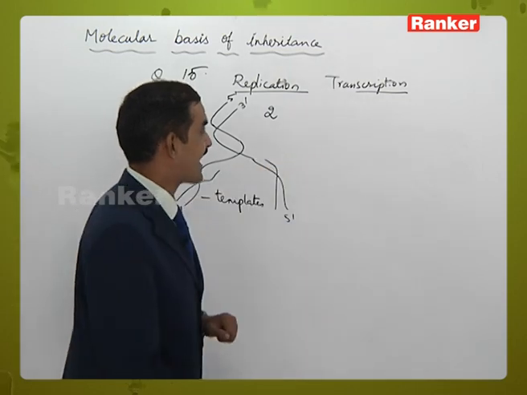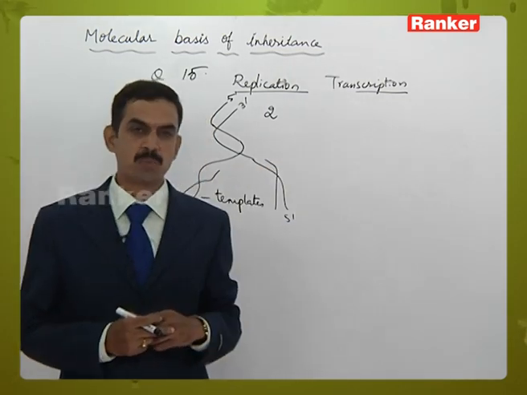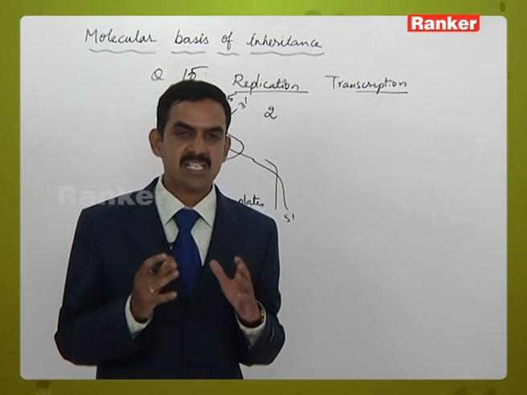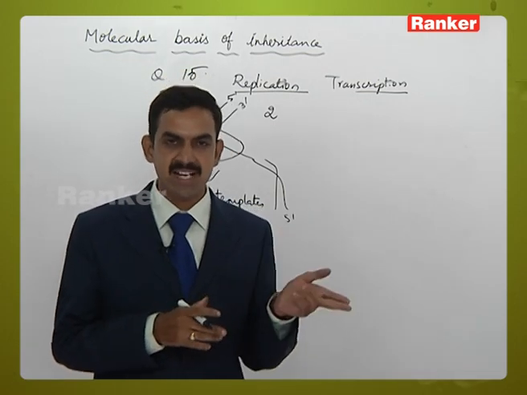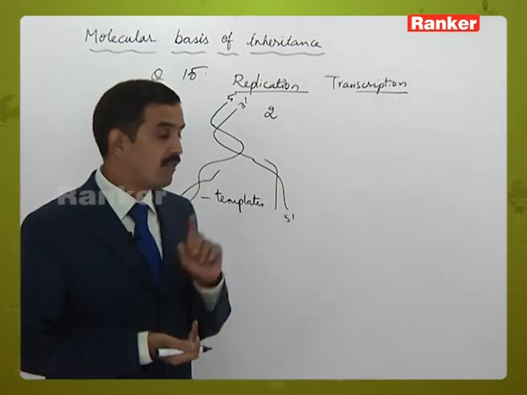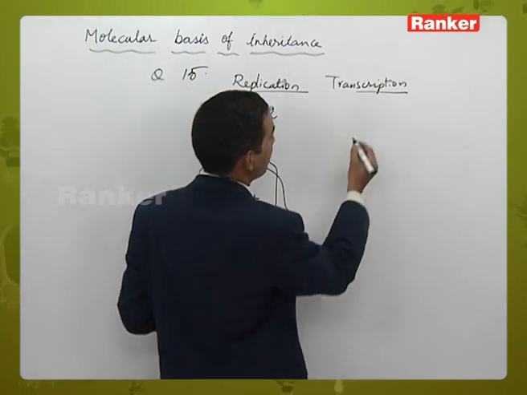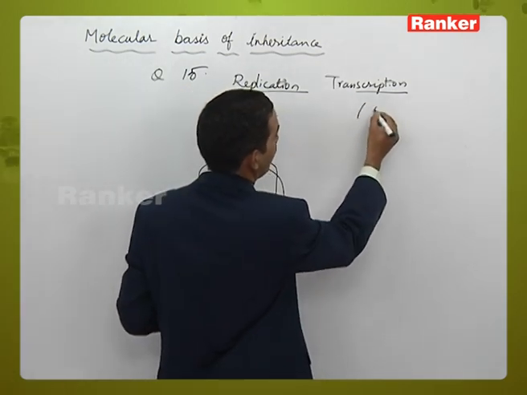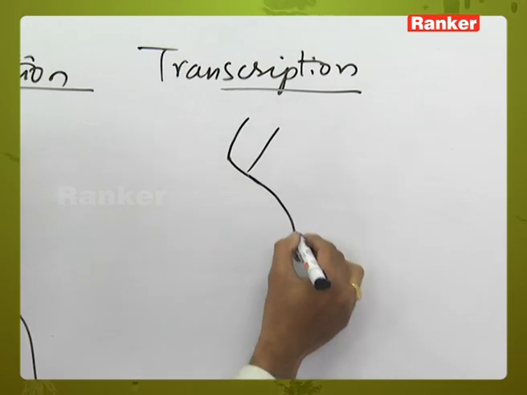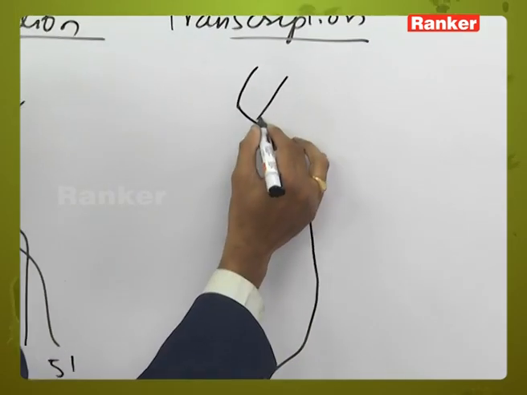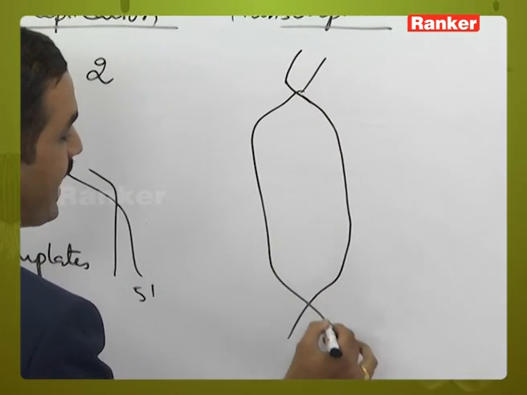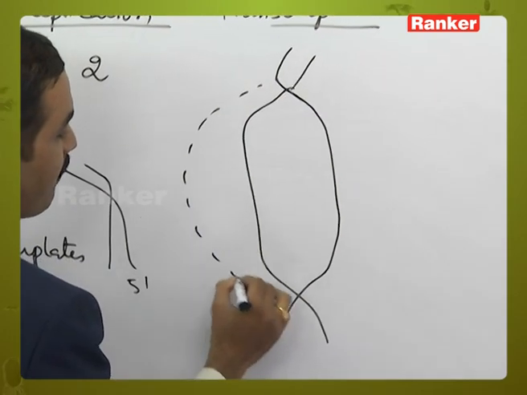What about the transcription? Actually, transcription is the process of synthesis of RNA, that is mRNA from DNA molecule. When transcription is taking place with the help of the enzyme called as a polymerase enzyme, what happens is the 2 strands of DNA are separated at one place.